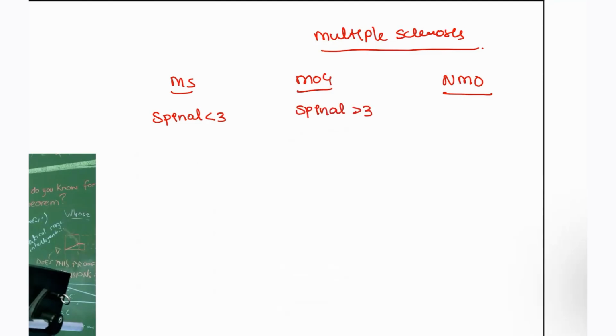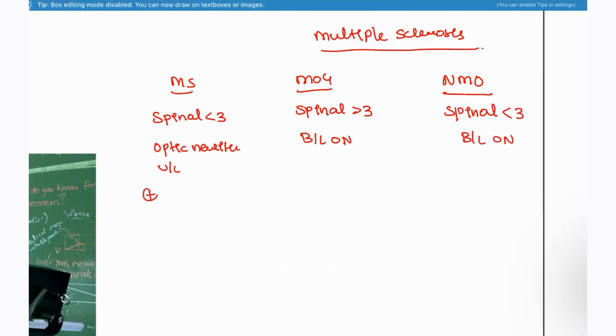Next, optic neuritis. The most common cause of optic neuritis will be multiple sclerosis, and it is unilateral. Here bilateral optic neuritis, and here also bilateral optic neuritis will be seen. Next, what are the antibodies that are present here?